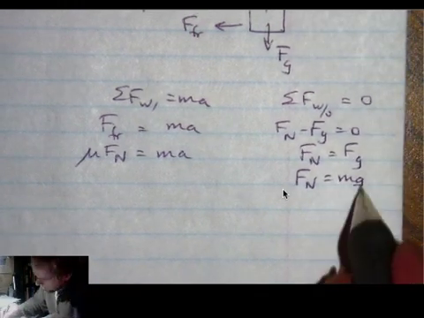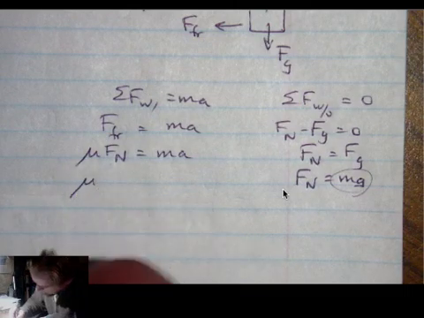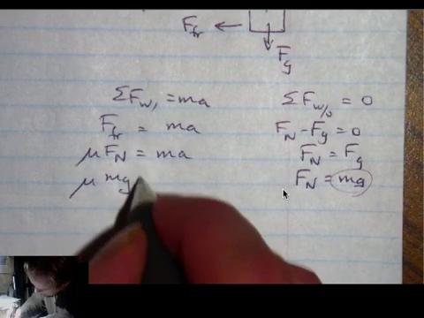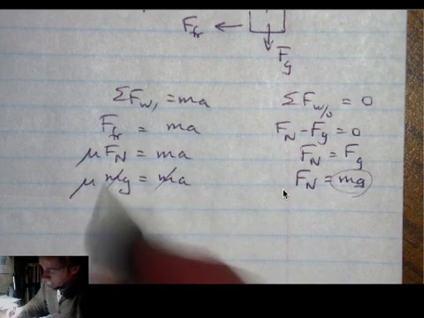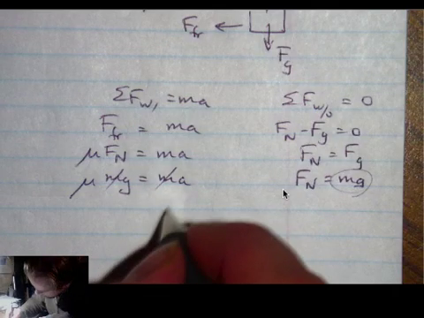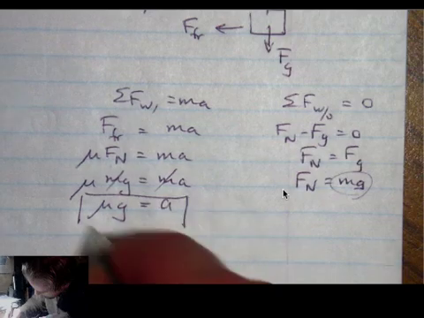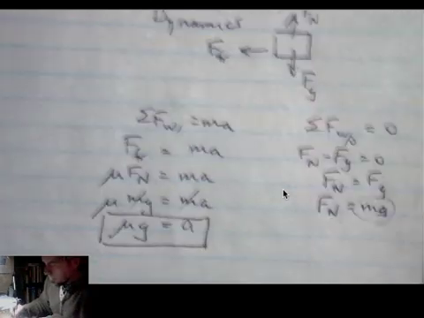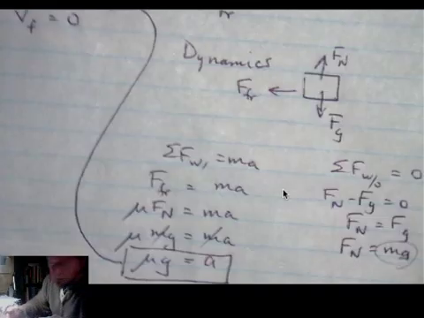And now I take this mg and I substitute it in over here. So I get mu times mg equals ma. I see the masses cancel, and now I know what my acceleration is. My acceleration equals mu times g. So I've got something. Now I can take this value back up and plug it in right there.